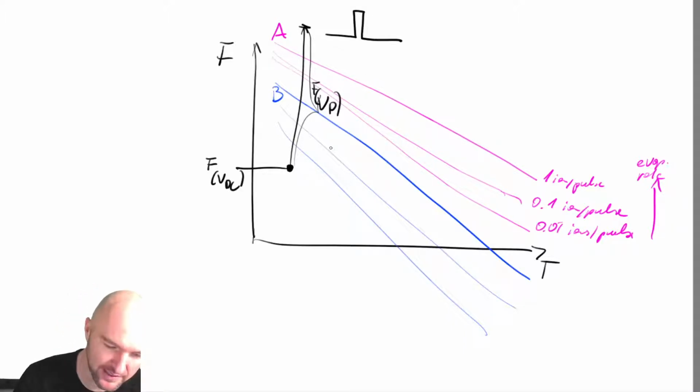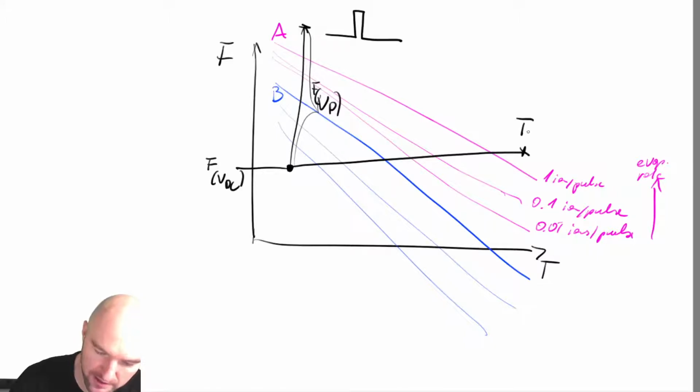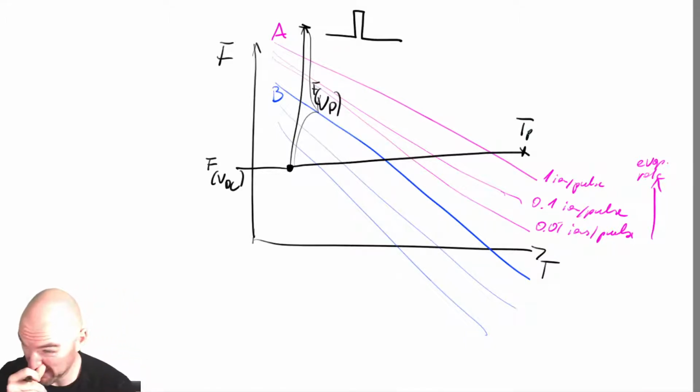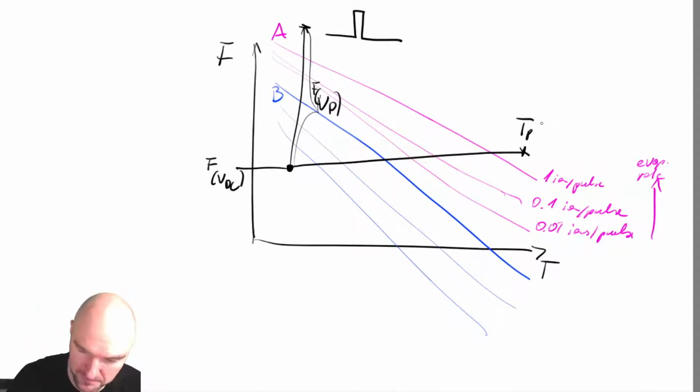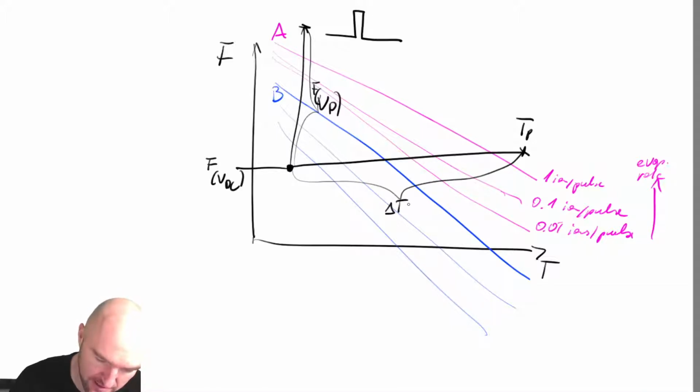Do we want that pulse to be a nanosecond, 10 nanoseconds, 100 nanoseconds, microsecond? And the other thing we can do, or in principle anything in between, is we can increase the temperature. We can increase at a standing field. We can go to a T peak, a peak temperature, or any temperature in between, and make the field evaporation that way. Which means that we have a delta T from our laser.